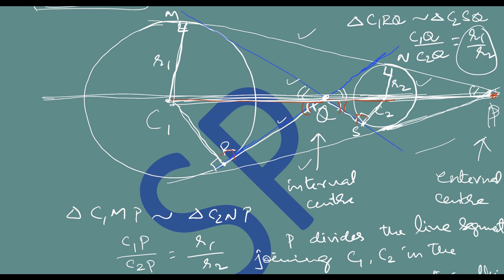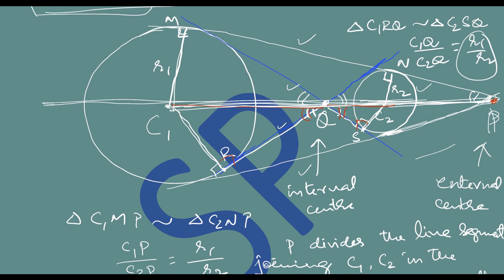So this is the moral of the story. The internal center of similitude divides the line segment joining the centers C1 C2 internally in the ratio R1 is to R2, and the external center of similitude divides the line segment joining the centers C1 C2 in the same ratio but externally. Okay, remember these points.